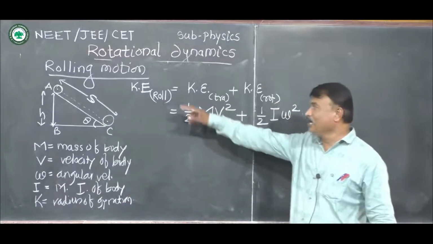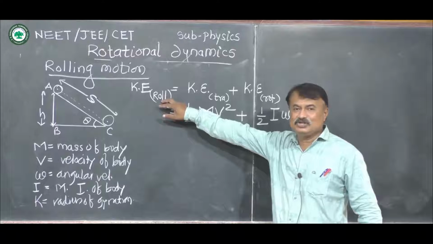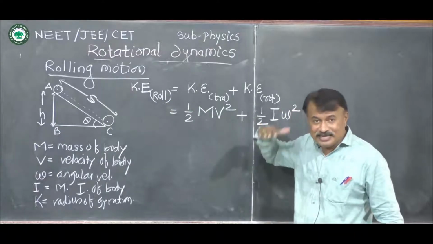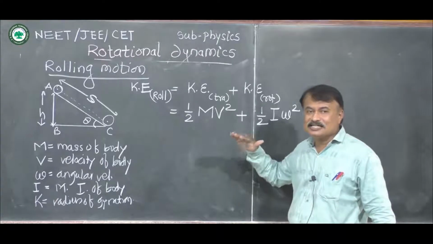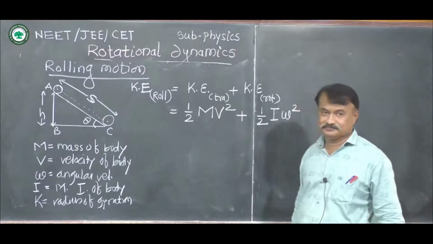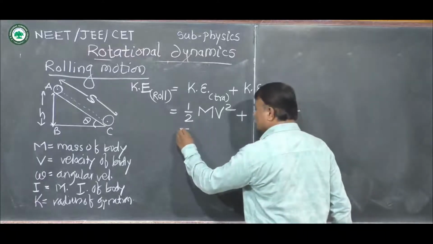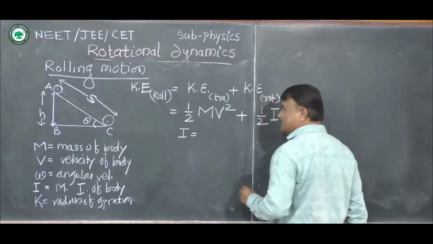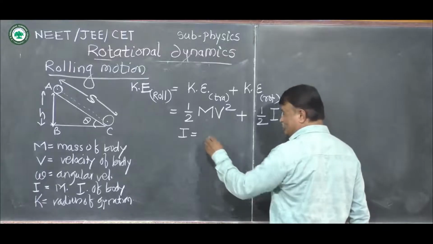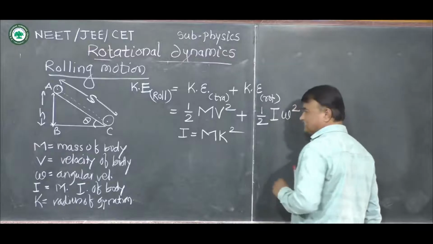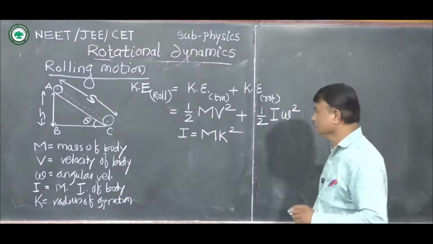Now we have to find the kinetic energy of a rolling body in terms of linear velocity and in terms of angular velocity. We know the relation between moment of inertia and radius of gyration: I is equal to mk square, where k is the radius of gyration.